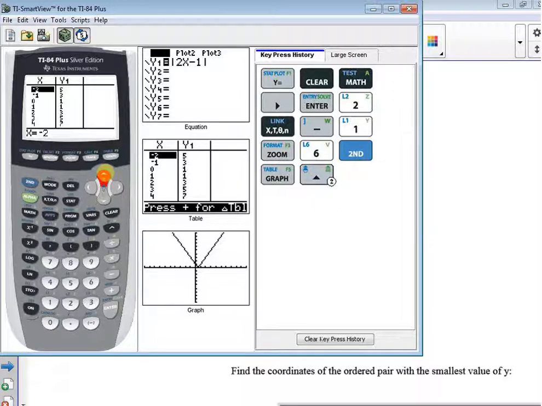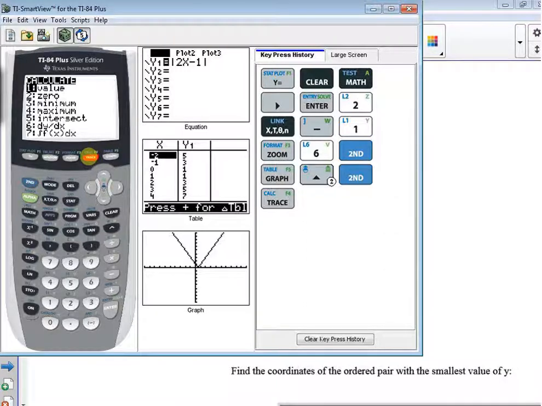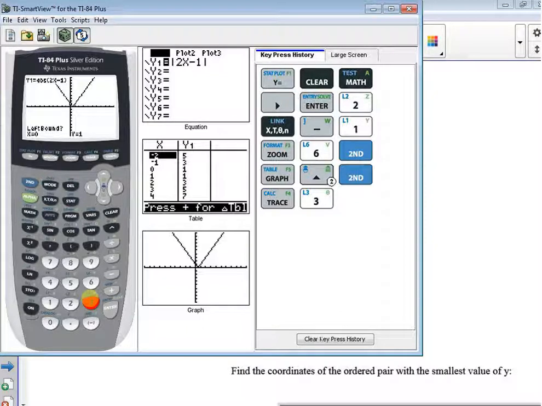So we need to be able to find the minimum. To find the minimum, we're going to go to second trace, number 3, which is minimum. And then it says left bound. So you have to figure out where the cursor is.